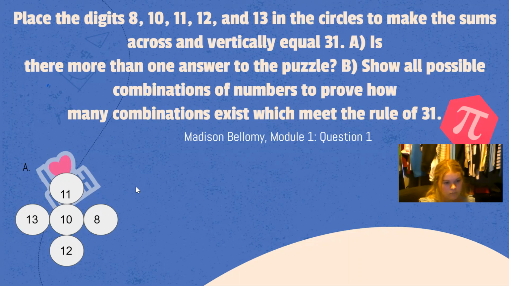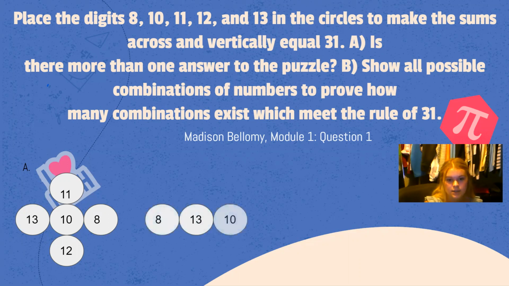So for this next graph, we're going to keep 13, 10, and 8 together because we already know that they equal 31, but switch them around this time. 13, 8, and 10, and then of course we have our 11 and our 12. So 8, 13, 10, we already know that is equal to 31.